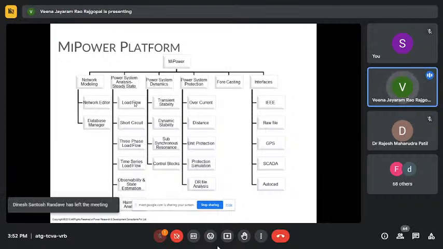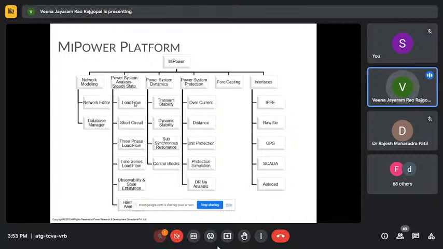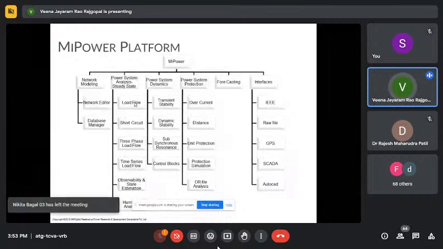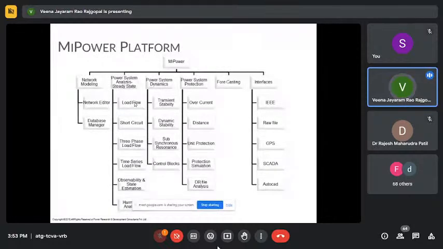We have other options also included as part of this: real power optimization, reactive power compensation, and then DC load flow. When I'm showing the software, I'll show you there are so many features included as part of the load flow, because load flow is the fundamental study, the first study you do before you perform any other analysis.